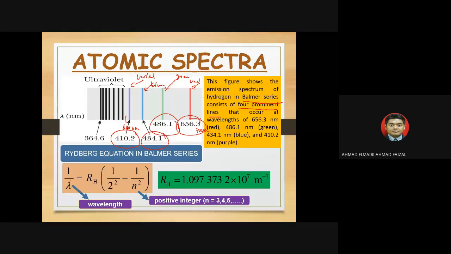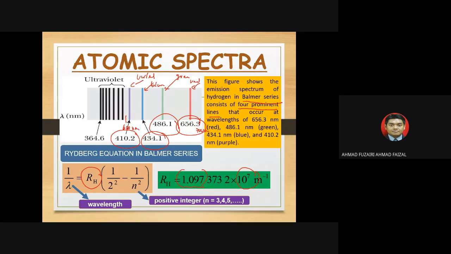What is the Rydberg equation? 1 over lambda is equal to R_H, which is the Rydberg constant, 1.097 times 10 to the power of 7 per meter, times (1 over 2 squared minus 1 over n squared).